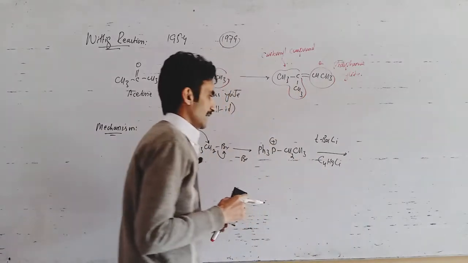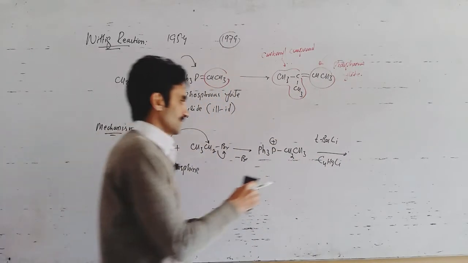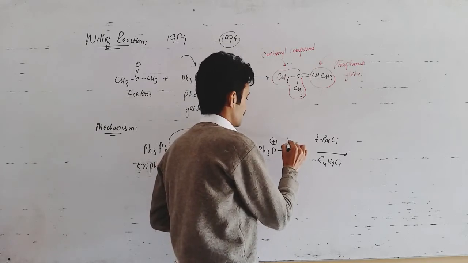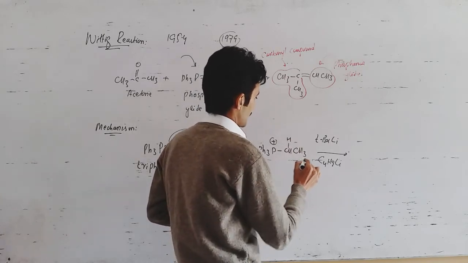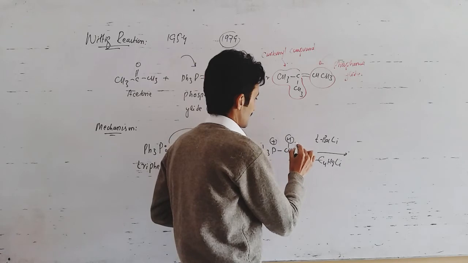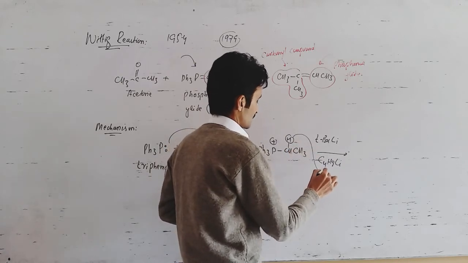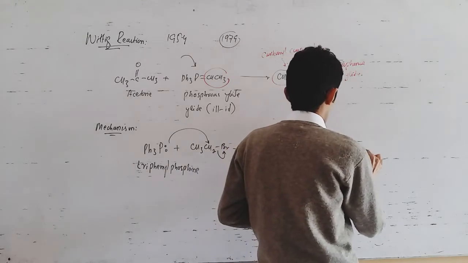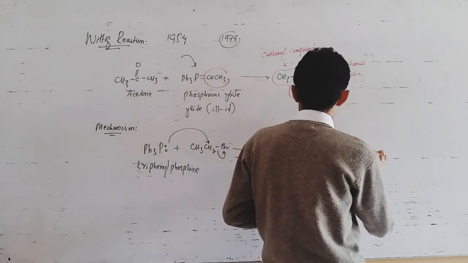This base abstracts a proton from this species. We write it like this, and this proton is abstracted by the base, giving a phosphonium ylide.